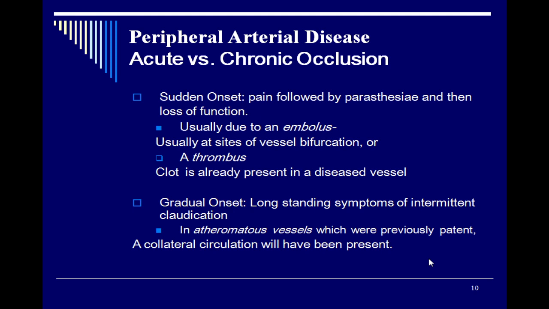Thrombus: a clot is already present in the diseased vessel, with gradual onset and long-standing symptoms of intermittent claudication. In atheromatous vessels, which were previously patent, a collateral circulation will have been present.